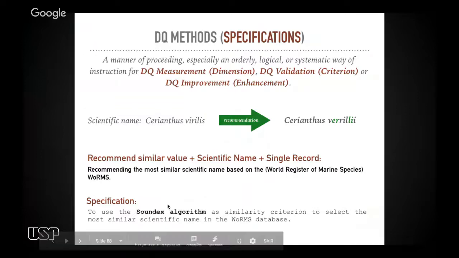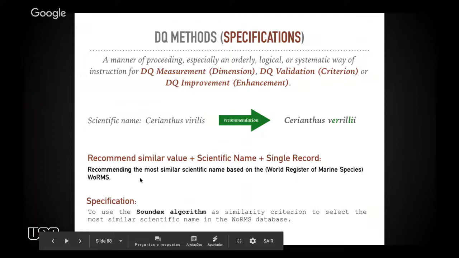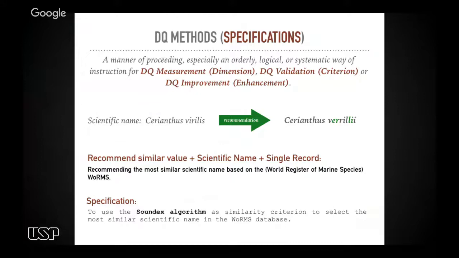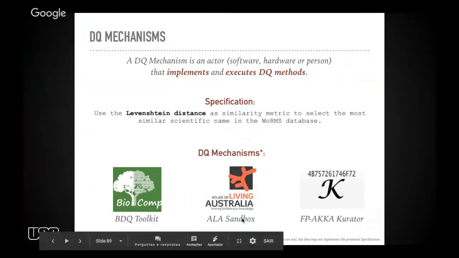So it's very important to describe in the data quality report what method was used to make this recommendation, for example, or to make a measure or a validation. And the mechanism basically is the tool, the software, the thing that will generate the data quality report that implements a specific method. It could be, for example, Atlas of Living Australia or Curator.